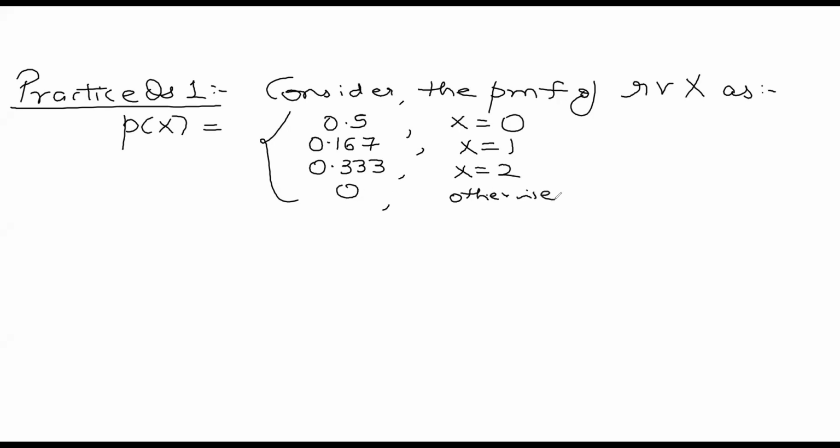Otherwise means for values greater than 2. This is the probability mass function given to us.